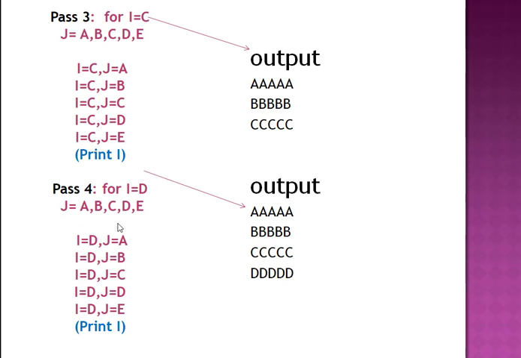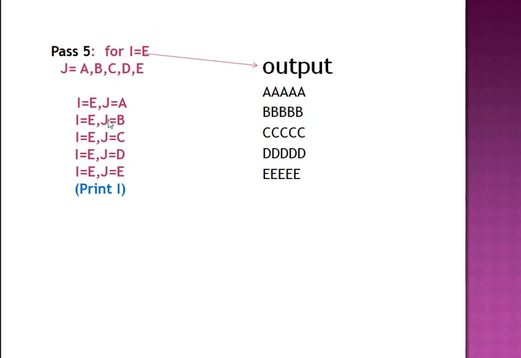Similarly for pass 3, pass 4 and pass 5. The whole output is this, because in the fifth pass when I is equal to E, that is the value of the fifth row, J is equal to A, B, C, D, E, which is also 5 times. And if we print the value of I, that is E, how many times will it be printed? It will be printed 5 times.